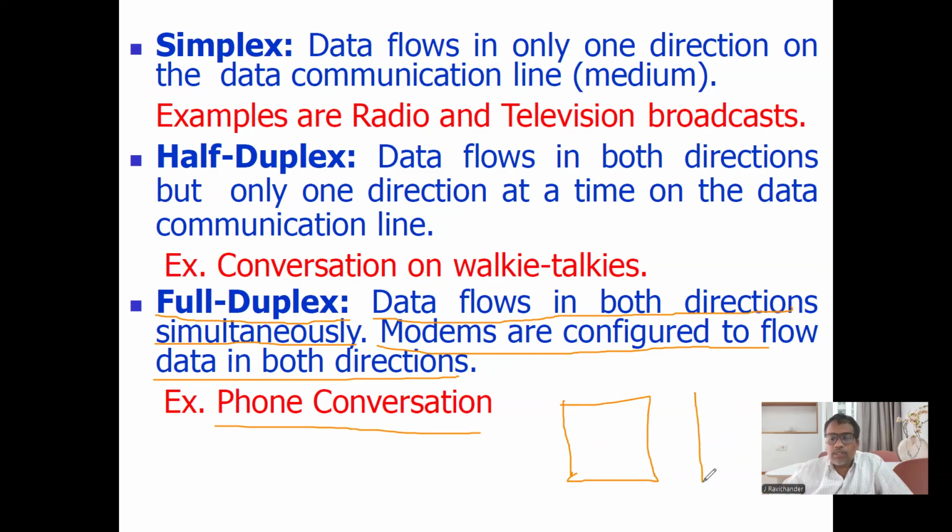Data can be transmitted in both directions at the same time. At the same time, we can send in two directions. That is called full duplex transmission. Example, telephone communication.